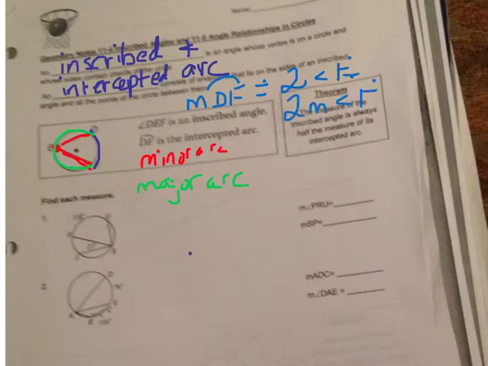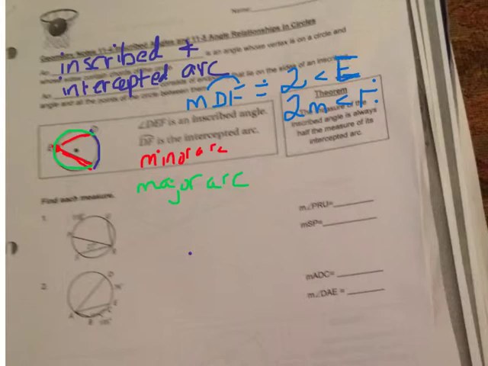Okay, moving on to the measure of the inscribed angle is always half the measure of the intercepted arc. So, for instance, if we're looking at our example here, if I want to know what is the measure of arc DF, remember, M means measure, that's how much it is, it is equal to twice angle E, or 2 times the measure of angle E. You could write it either one of those ways as saying the same thing in case you ever see it on a paper.